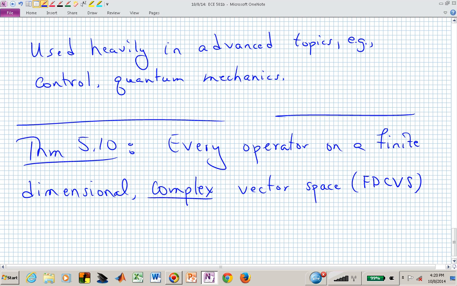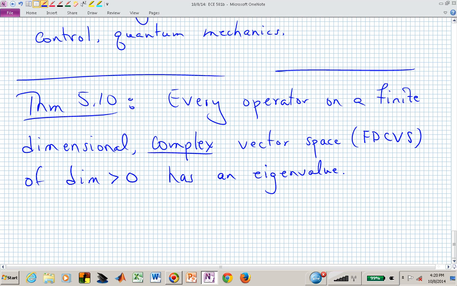For every operator on an FDCVS of some dimension, so the dimension is greater than 0, we can find an eigenvalue. And the key here is that it's complex.